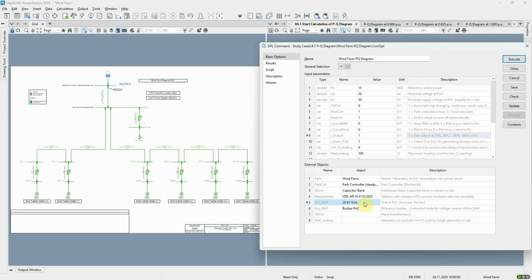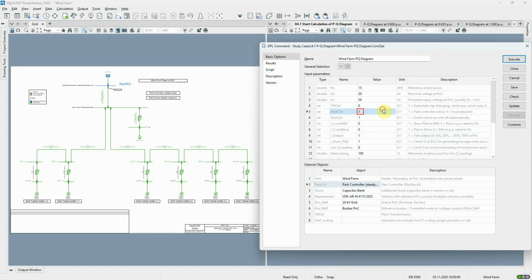This object is the external grid, whose voltage set point will be adjusted to the required voltage levels. This bus bar is referenced by the external grid as the reference bus bar for the voltage control. This is the station controller for the wind park generators.